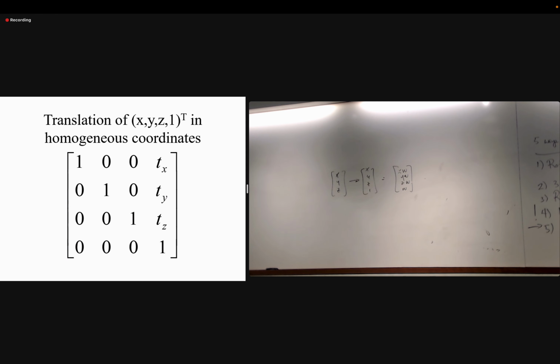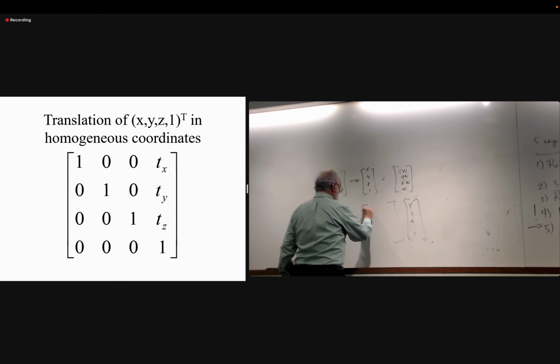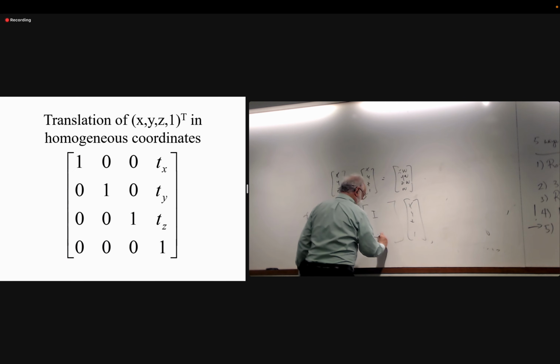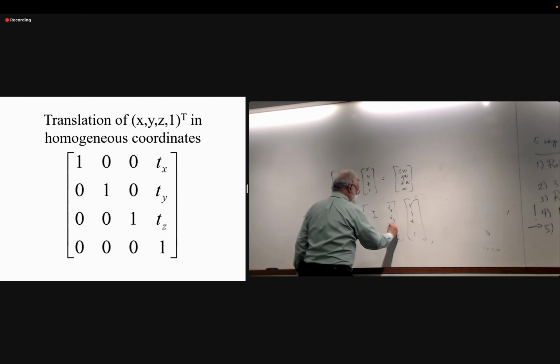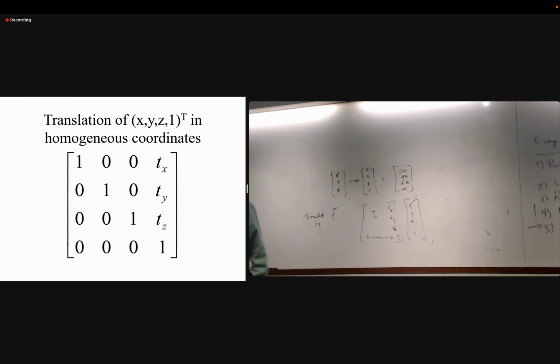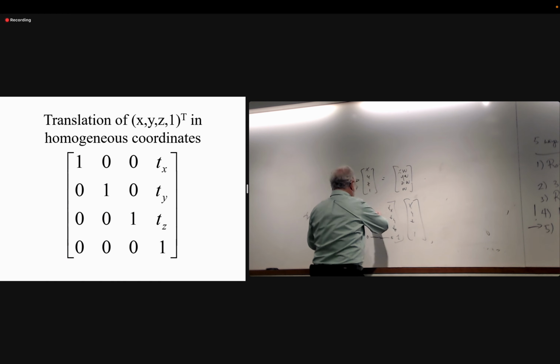And once you do that, if I want to translate by t, you can see that what's going to happen is you're going to get, for this I is the identity matrix.